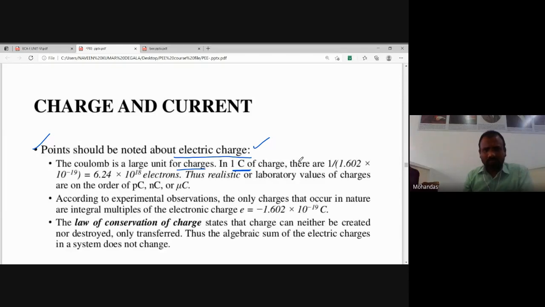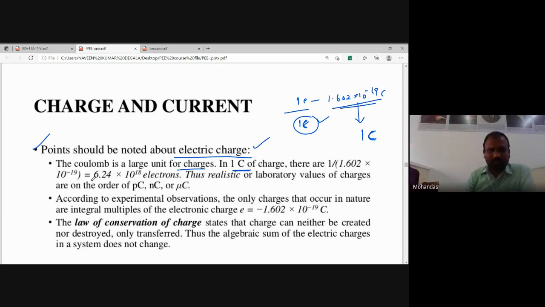Suppose one electron is having how much charge? 1.602 x 10^-19 coulombs. Okay. Suppose you want to have 1 coulomb of charge, how many electrons do you require? 1 electron is having this much charge. To make this many coulombs to 1 coulomb, how many electrons do we require?